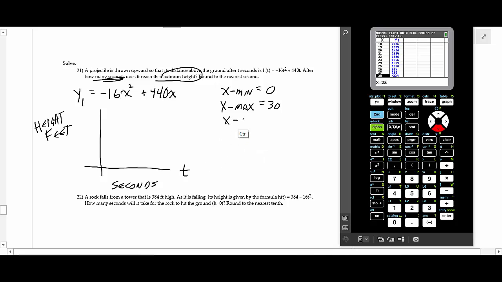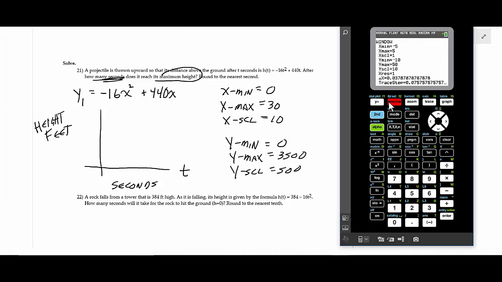And a good way to scale that would probably be by tens. And then for the Y minimum, 0 is logical. And then Y max, you might do something like 3,500. It doesn't have to be that, but that's a pretty logical way to do that. And then Y scale, I'll try 500. Now you've got to come up with that by looking at the table of values.